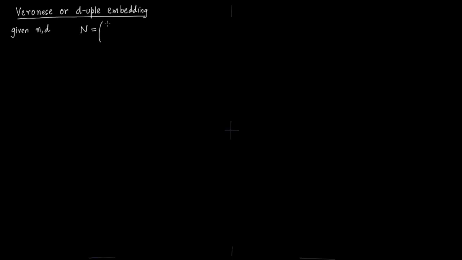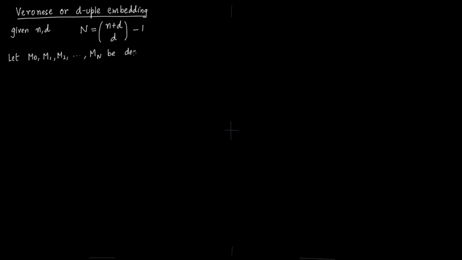Then you set this capital N as n plus d, choose d minus 1. And then you define monomials m0, m1, m2 all the way to m subscript capital N.